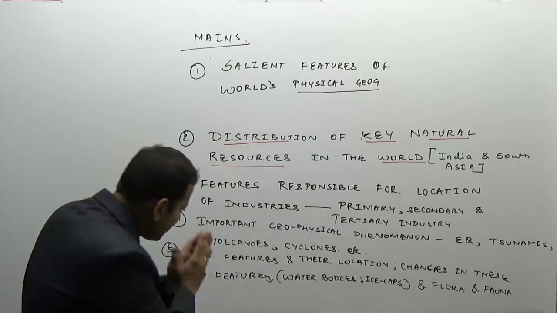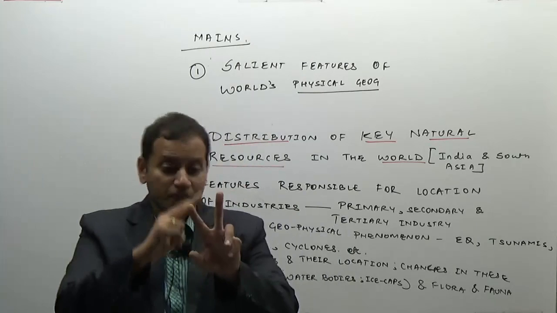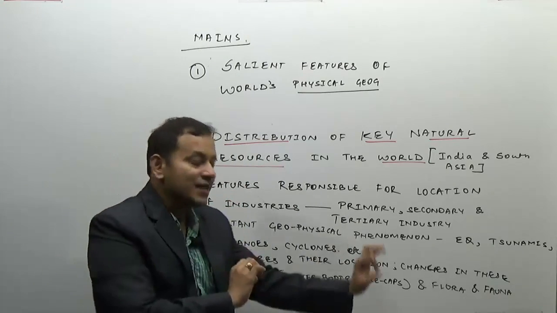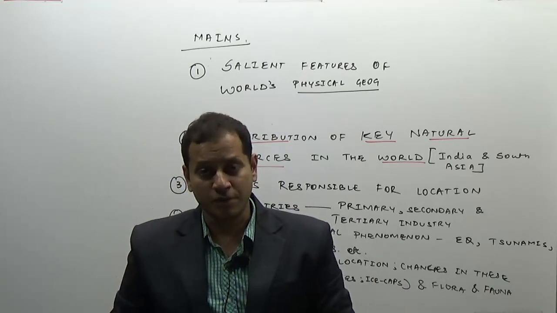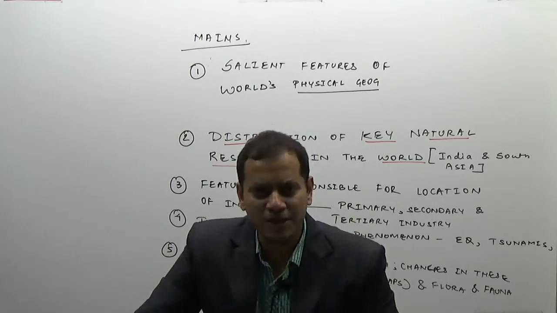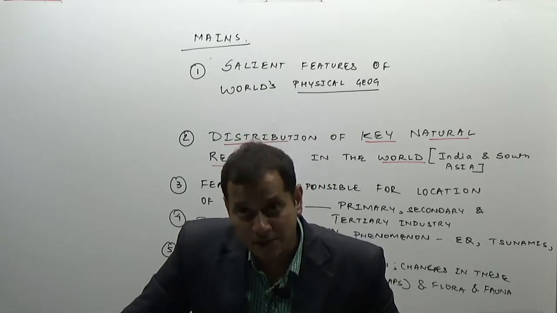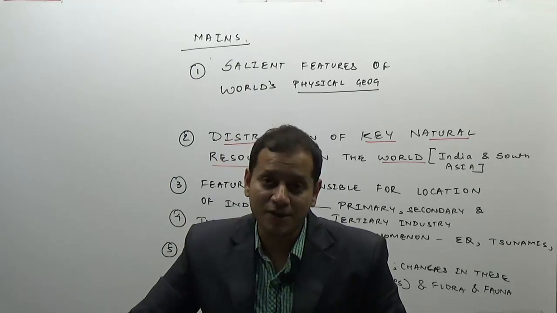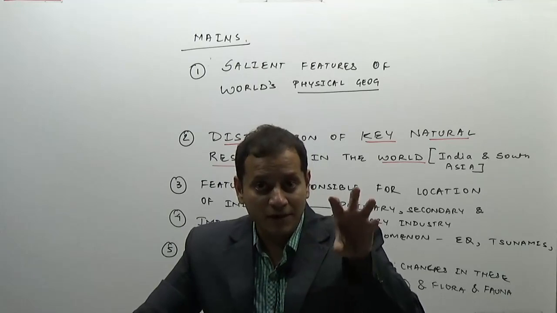So, changes in these geographical features: changes due to natural reasons, changes due to anthropogenic reasons, and lastly the changes in the plants, that is flora, and changes in the animal life, that is fauna. To give an example of changes in human beings or animal life: if a low-lying area is submerged due to an increase in the sea level, then that area, which was part of an urban city, is affected.